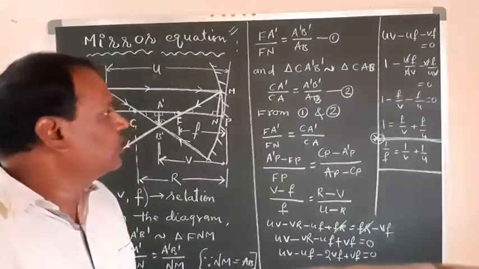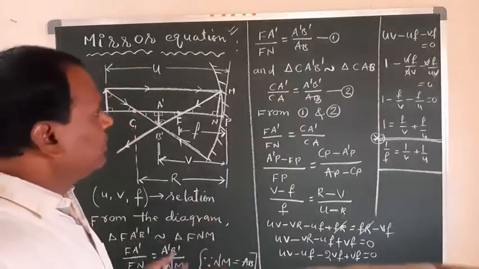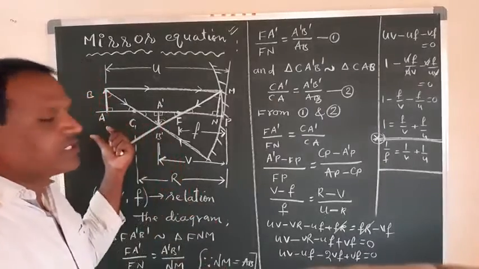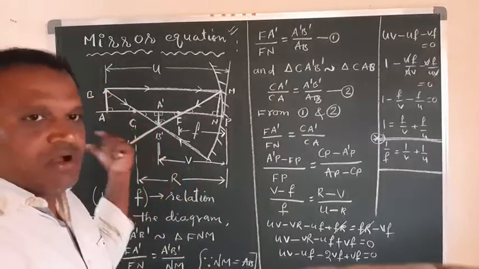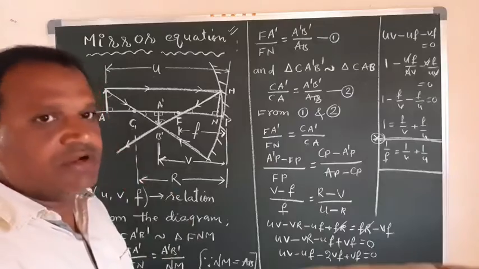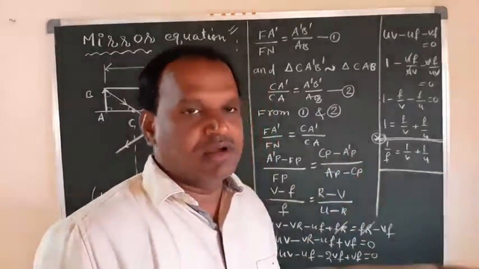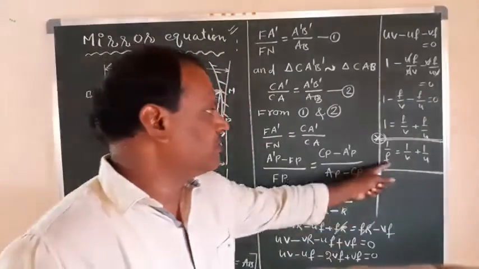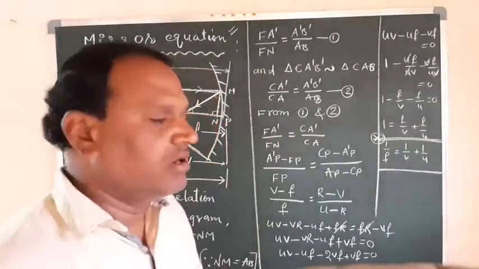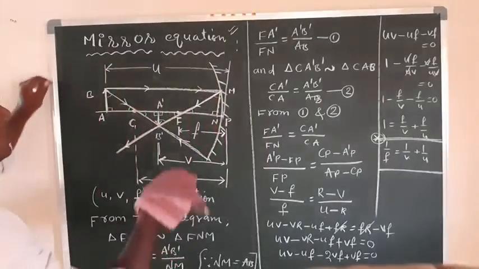If an object is somewhere and the object distance is given, how can you find the image distance or do the other calculations using this mirror equation? I'll give you a simple example.